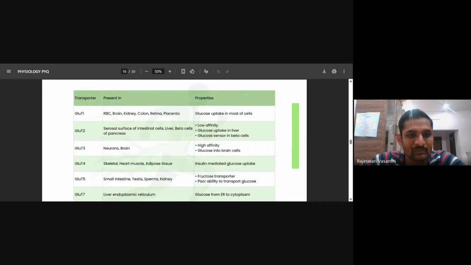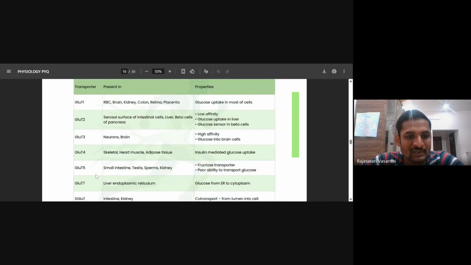Again, this is a very important table. GLUT1, GLUT2, GLUT3 up to GLUT7. GLUT1 and GLUT3 are basal uptake of glucose. GLUT1 is involved in glucose uptake in almost all cells of our body, seen in RBC, brain, kidney, colon, retina, and placenta. Glucose uptake across the brain is mediated by both GLUT1 and GLUT3. GLUT2 is a beta cell glucose sensor.